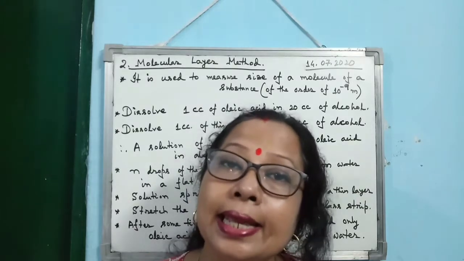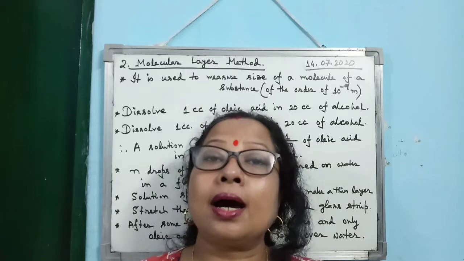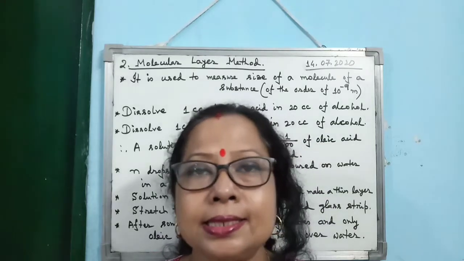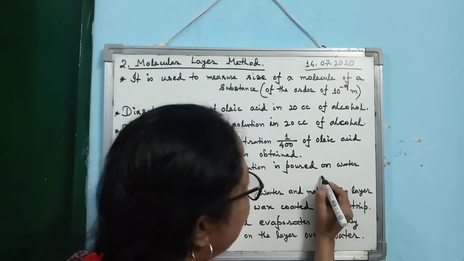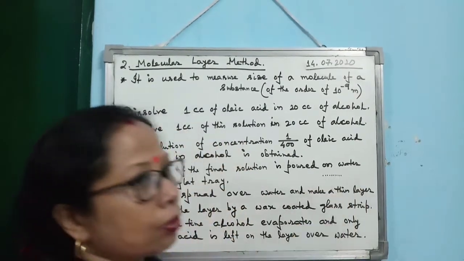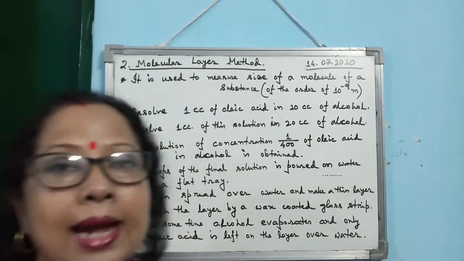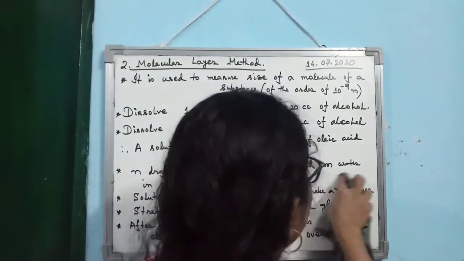A fine layer of oleic acid. Now the fine layer of oleic acid is so thin, don't draw this diagram, you may assume that only a layer of molecules is present on that thin layer of oleic acid over water.